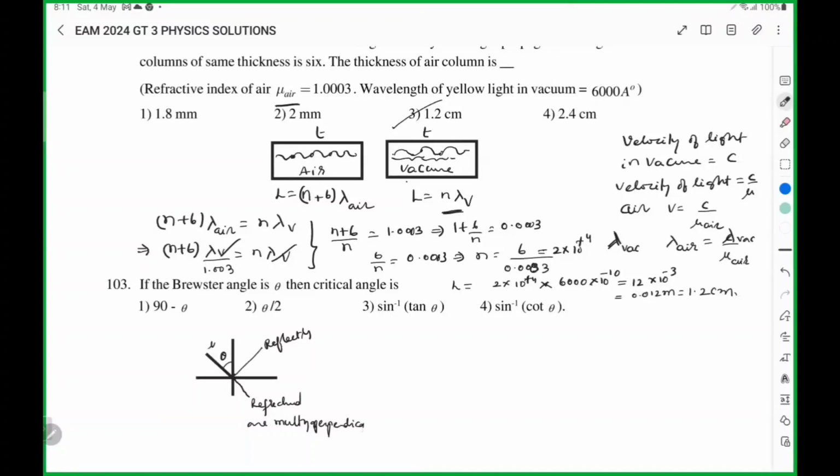This is called the polarizing angle or Brewster angle. That theta is tan inverse mu.